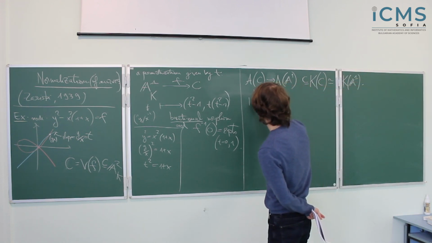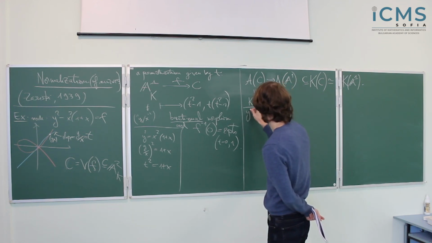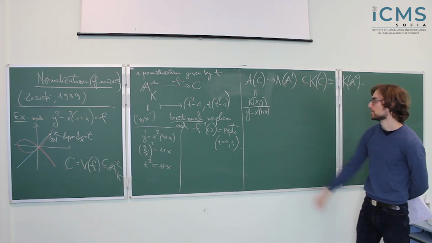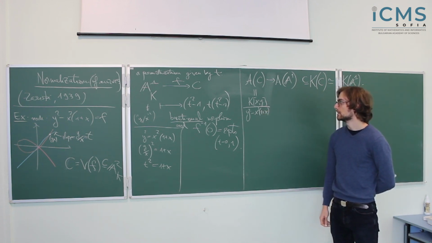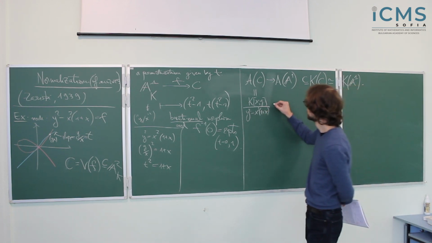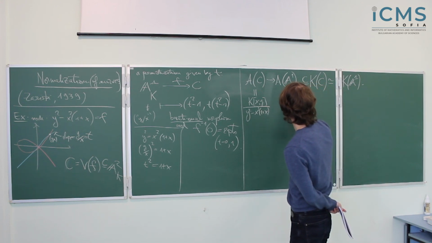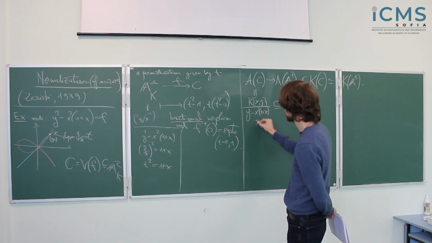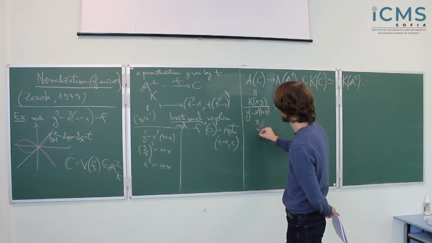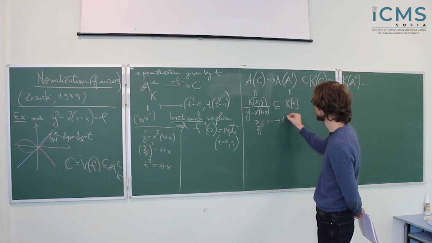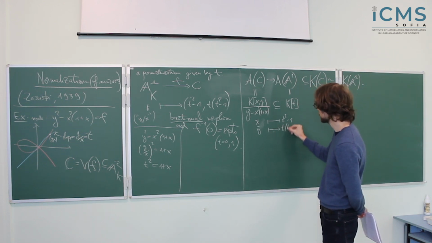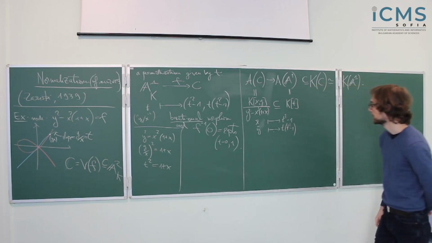So what is this? If we try to look inside of it, as you can remember, we just quotient the two variable polynomials by the equation. This here is just K of t. So here we have an inclusion where we take the variable x bar to t squared minus 1, and on the other side, y bar to t times t squared minus 1, like that.